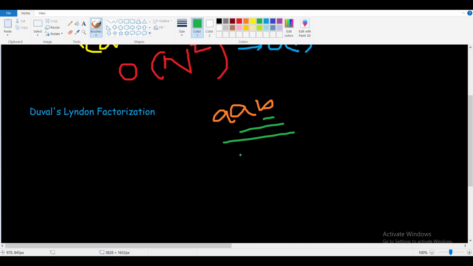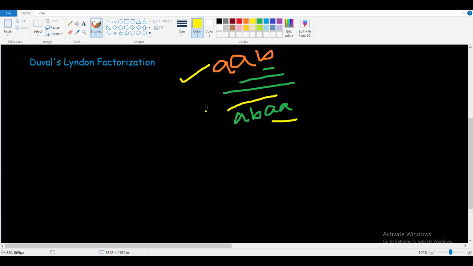But let's say we have something like ABAA. This string is not simple, because there is a suffix of length 1, A, which is smaller than the entire string. So that's the definition of a simple string.